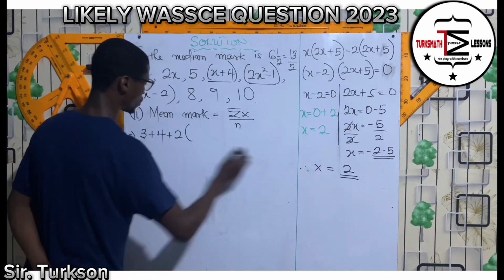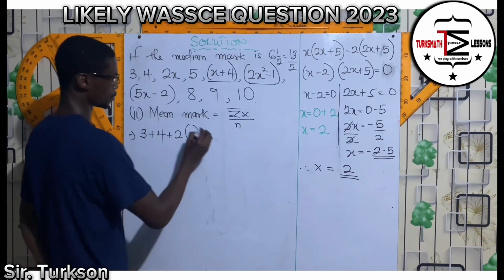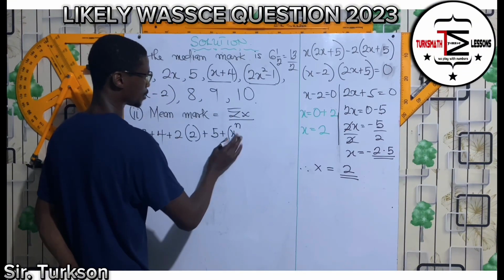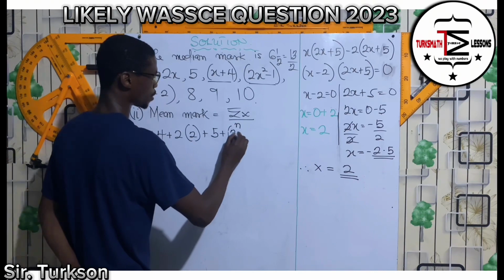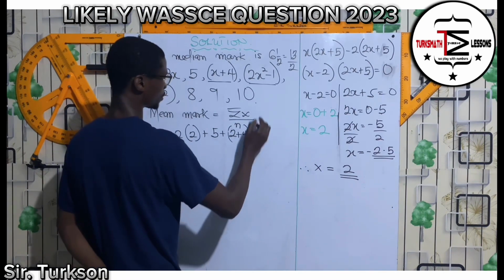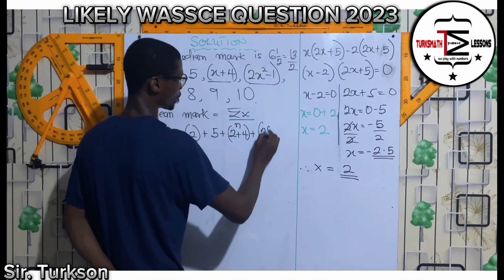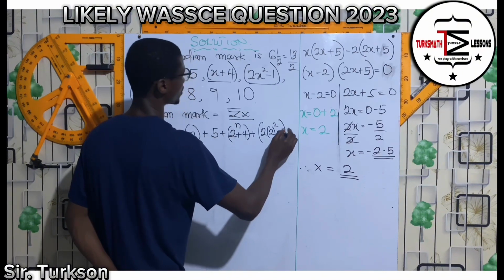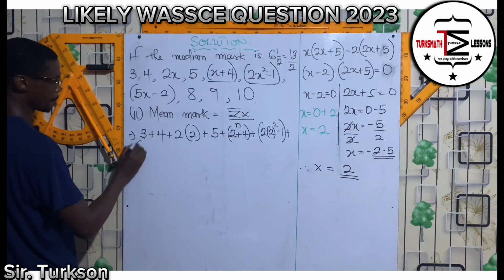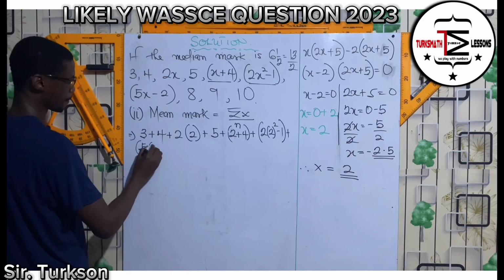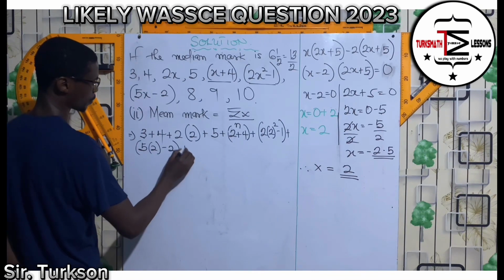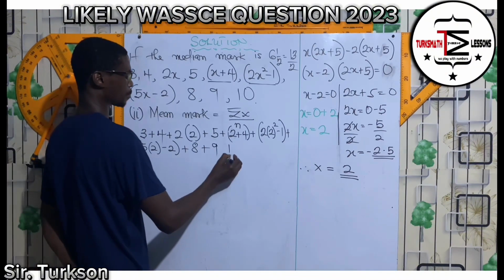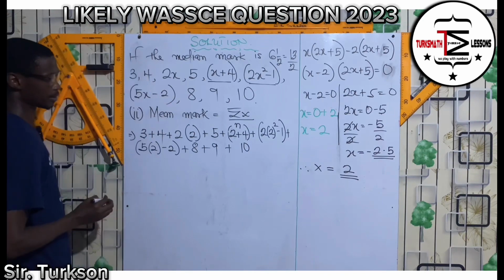And we say our x here is 2 plus 5, which our x here again is also 2 plus 4. Plus 10, right?